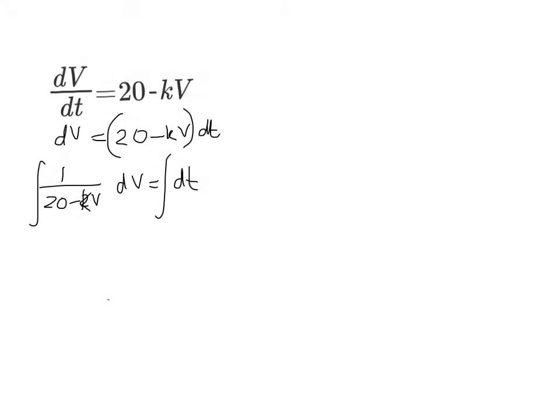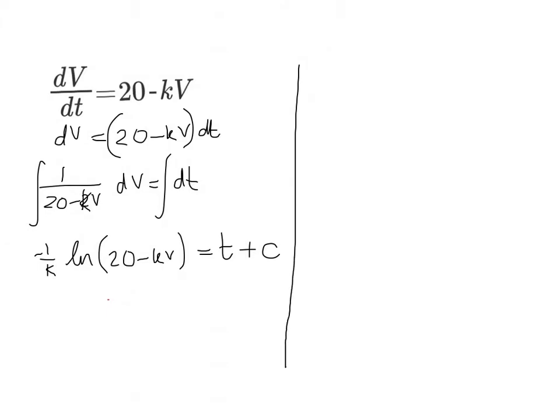So on the left hand side we've got ln of 20 minus kv, which means we need a minus 1 over k to compensate for the derivative of that in the chain rule. And on the right hand side we've got the integral of 1, which is t, when we're integrating with respect to t, plus c. Now again, let's see what tidying up we can do with this, see how nice we can make it look.